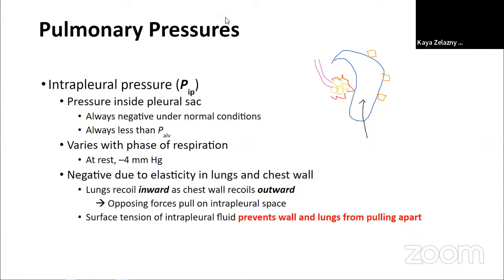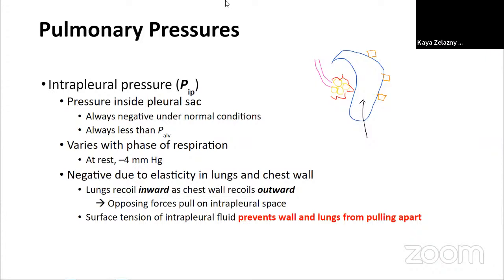So the pressure in that pleural sac under normal conditions is always going to be negative. So it's always going to be a lower pressure. This means it's always going to be exerting a bit of a pull on the lung tissue. We want it to do that. We want it to have a slightly negative pressure.